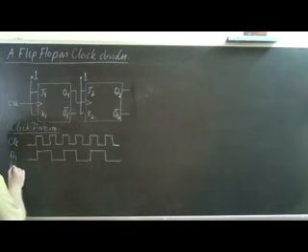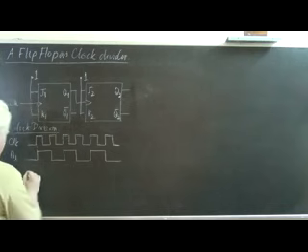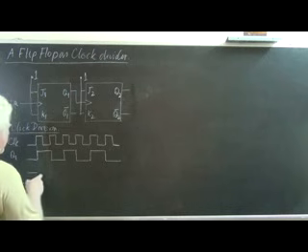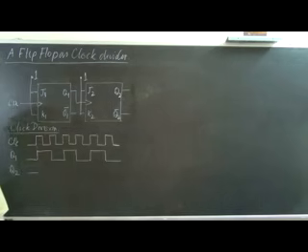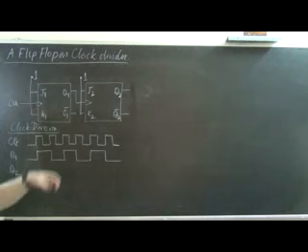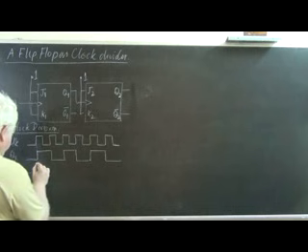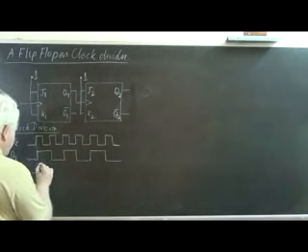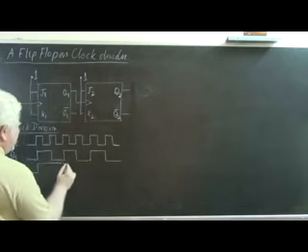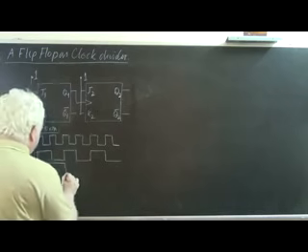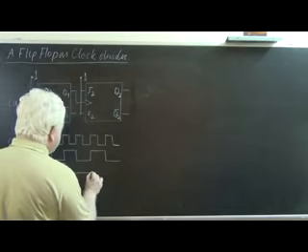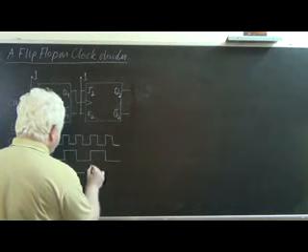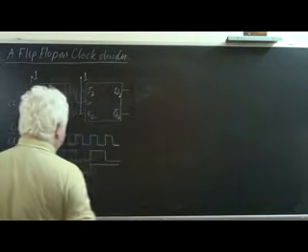So now Q2 would be 0 until the first positive clock edge is applied to it. Then it goes high and remains high until it encounters the next clock edge, where it goes down. And again the next clock edge goes up, the next clock edge.